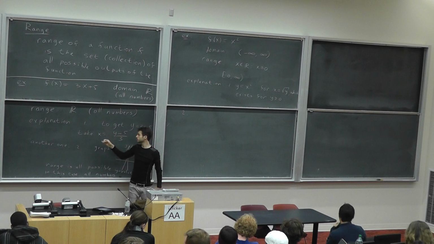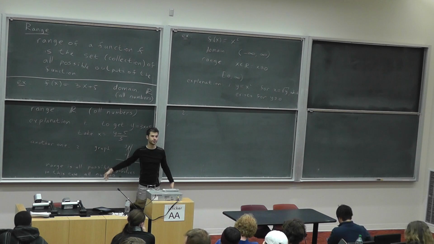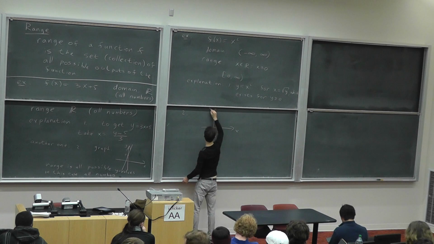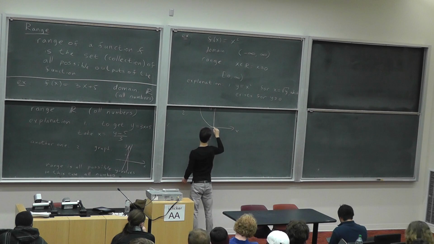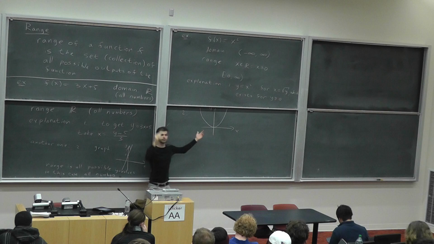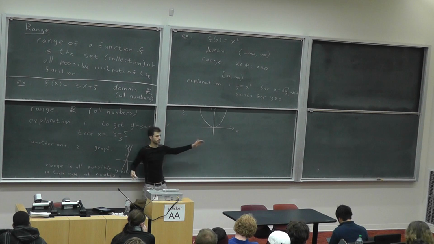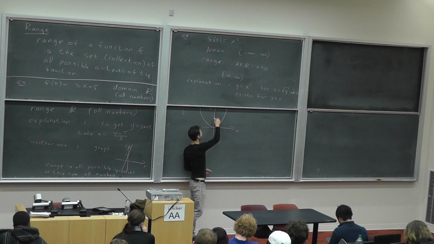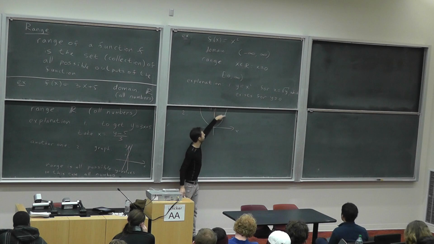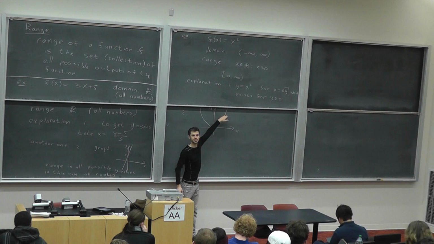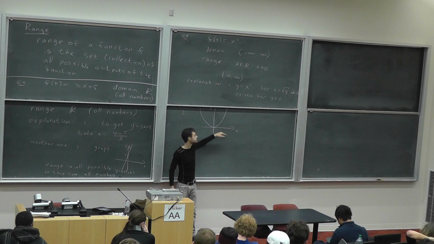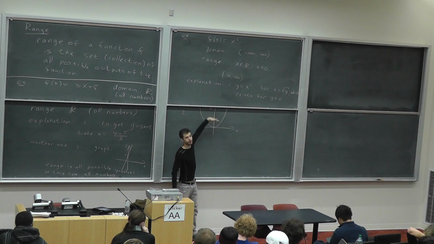Another explanation, which will be parallel to this one, think about the graph of this function. We have this graph, a parabola like this, and what are the possible y values? Well, if you take y value above the x-axis, you will find the corresponding x. If you take y below the x-axis, well, no corresponding x. So only y's above the x-axis.